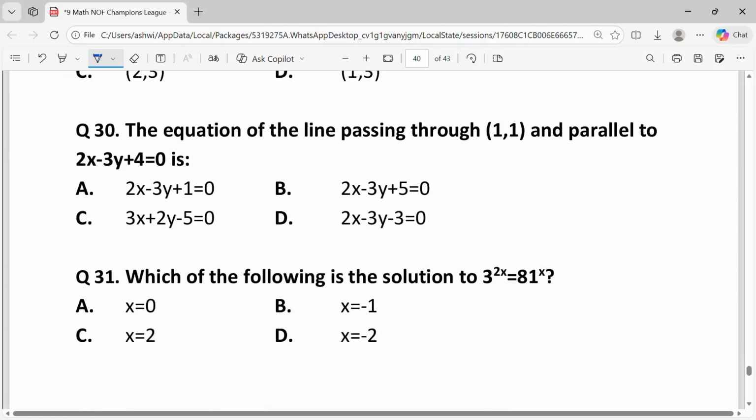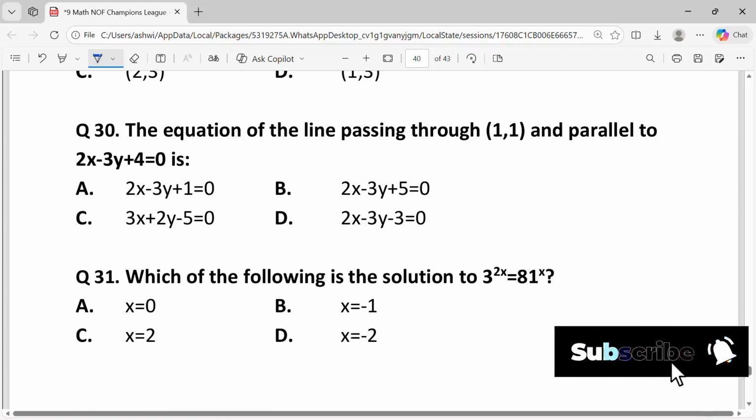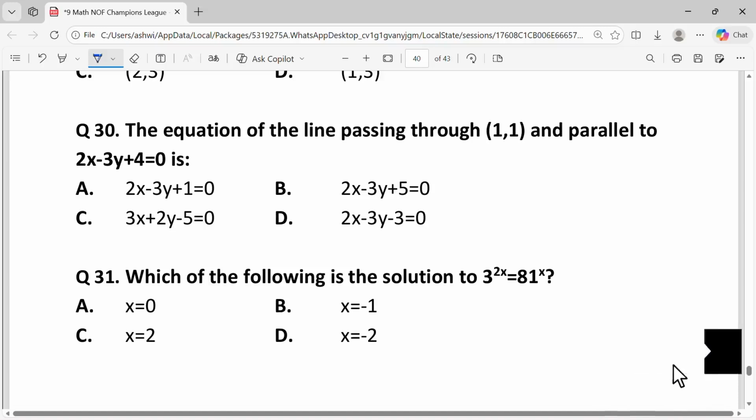Question 30. The equation of the line passing through (1, 1) and parallel to 2x minus 3y plus 4 equal to 0 is.